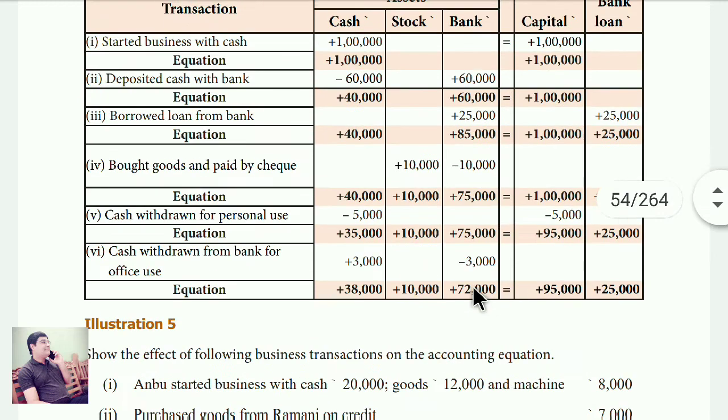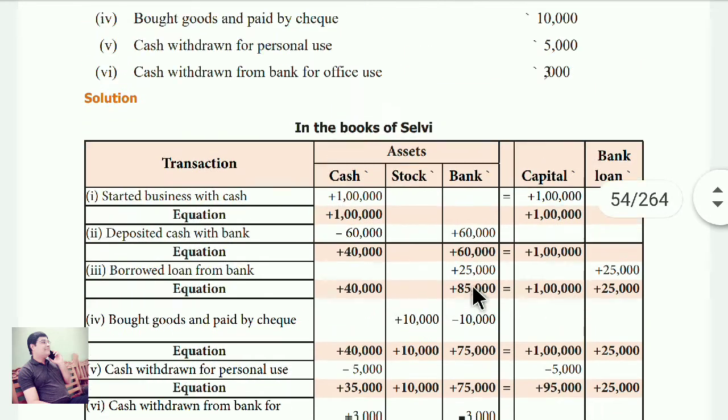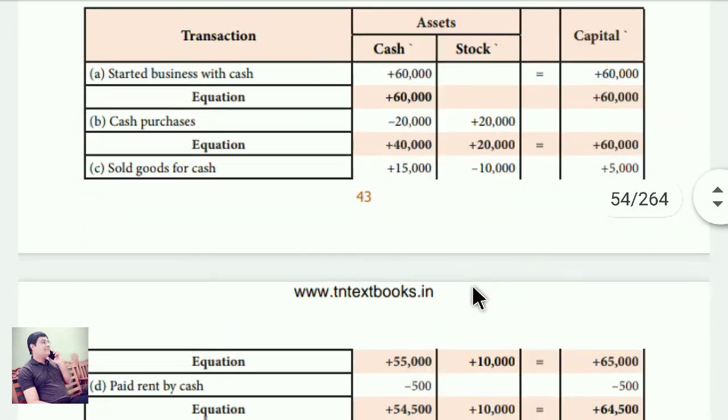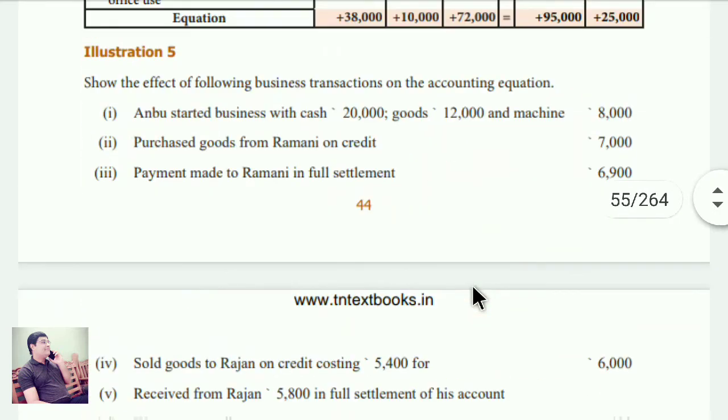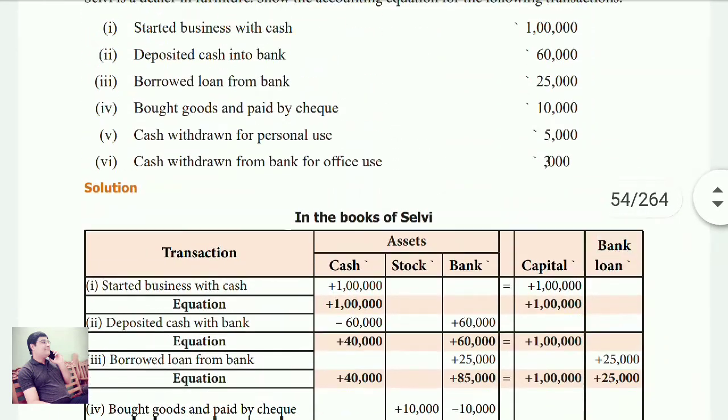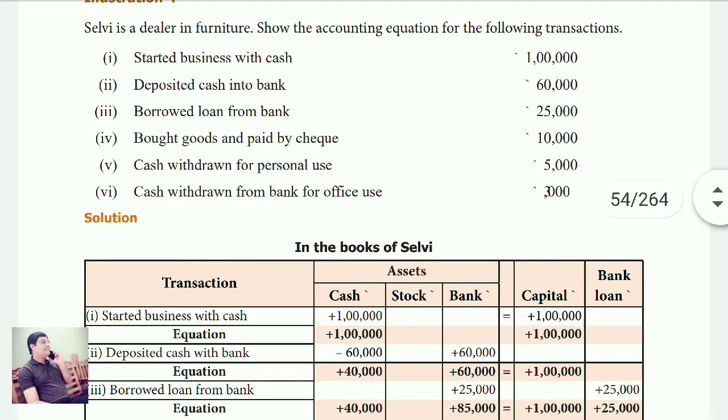Next, deposit cash. Now if you see here, the second point is deposit cash into bank, 60,000. So you have to write the second point, deposit cash into bank.